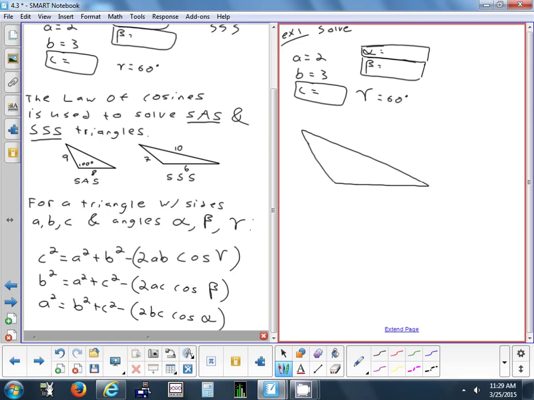Or, if you wanted to just do the sketch, you're looking for one of two things. If it's law of cosines, what's one type? SAS. Yeah, side angle side, or it could be one other type: side, side, side. If it's side, side, side, I don't think you need to make a sketch.